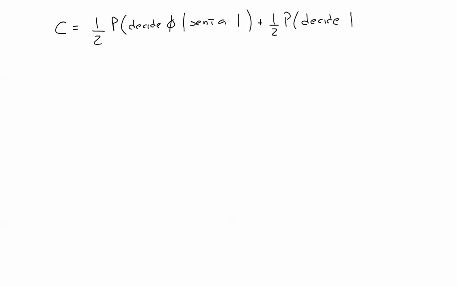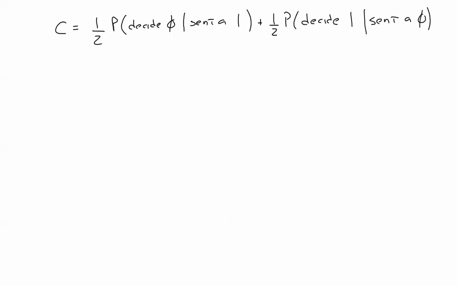My cost equals 1/2 times the probability that we decide a 0 was sent if we actually sent a 1, plus 1/2 times the probability that we decide that we sent a 1 if we sent a 0.